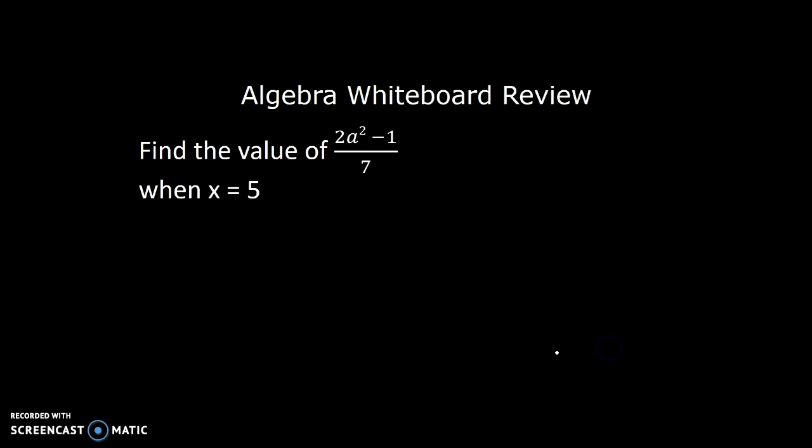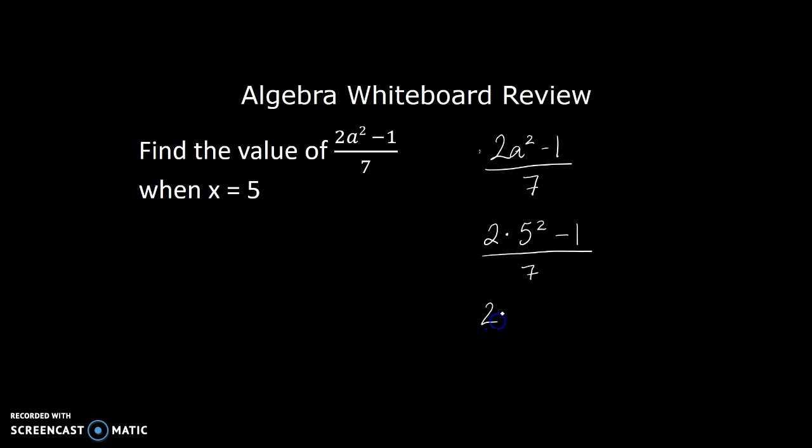All right, now let's find the value of 2a to the second power minus 1 divided by 7 when a equals 5. So let's rewrite the problem. 2a to the second minus 1 divided by 7. And then we're going to write 2 times 5 to the second power minus 1 divided by 7.